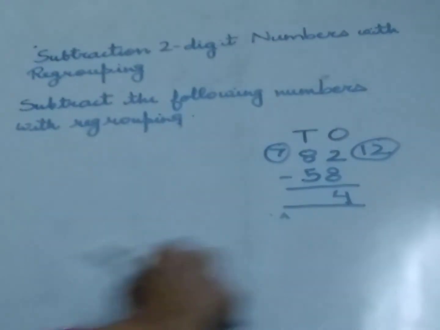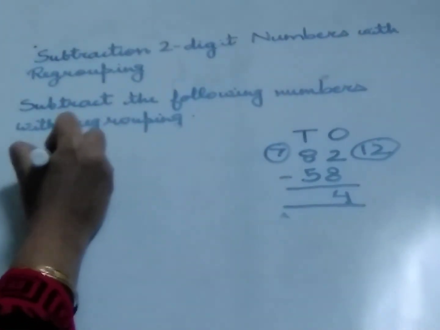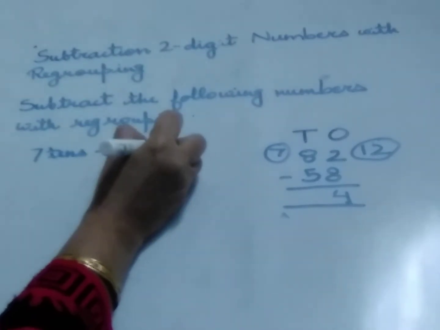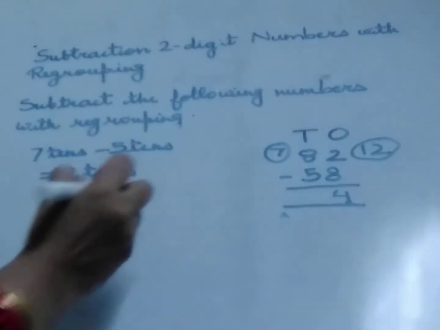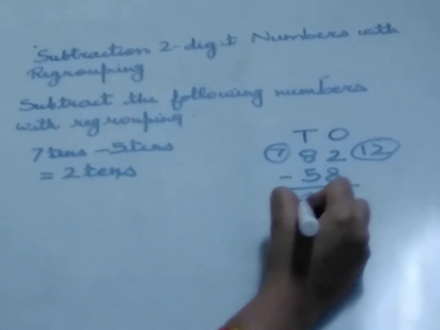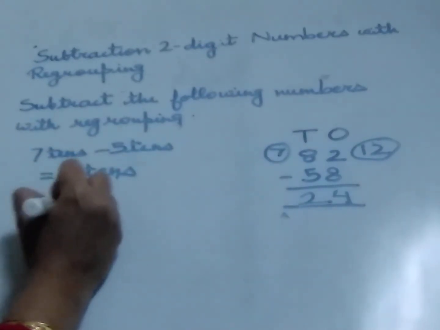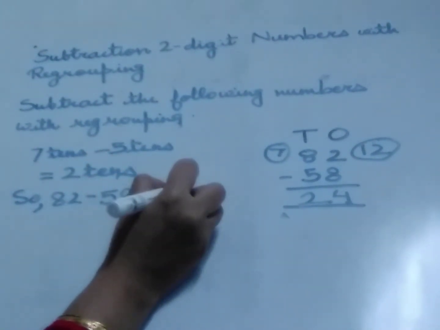Now subtract the tens next. 7 tens minus 5 tens gives you 2 tens. So write 2 in the tens column. So 82 minus 58 is equal to 24.